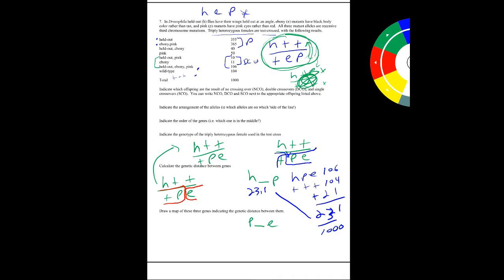So we've got H plus E, plus P plus. That's got to be these guys, because these are the only guys we got left. So these 106, 104 are single crossovers between H and P. These are double crossovers. These are parentals. So these have to be single crossovers between P and E, because that's all we have left.